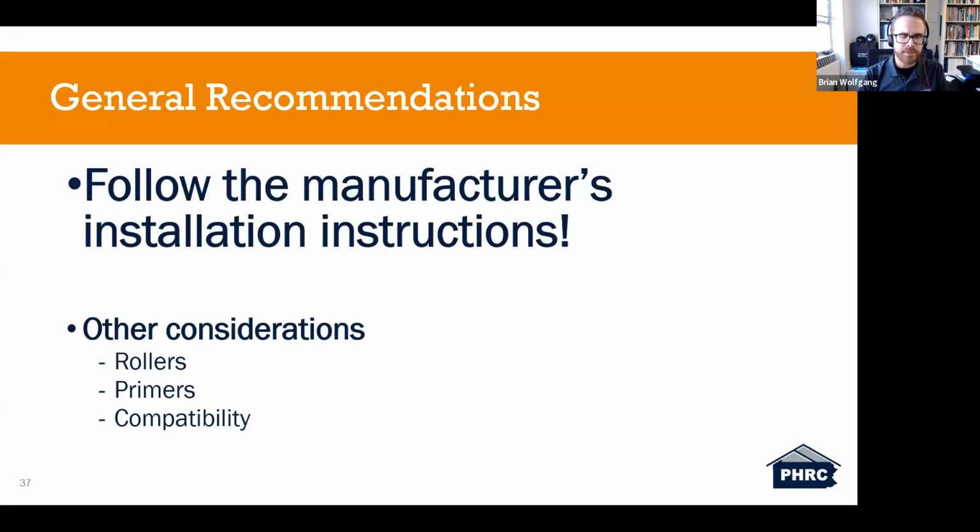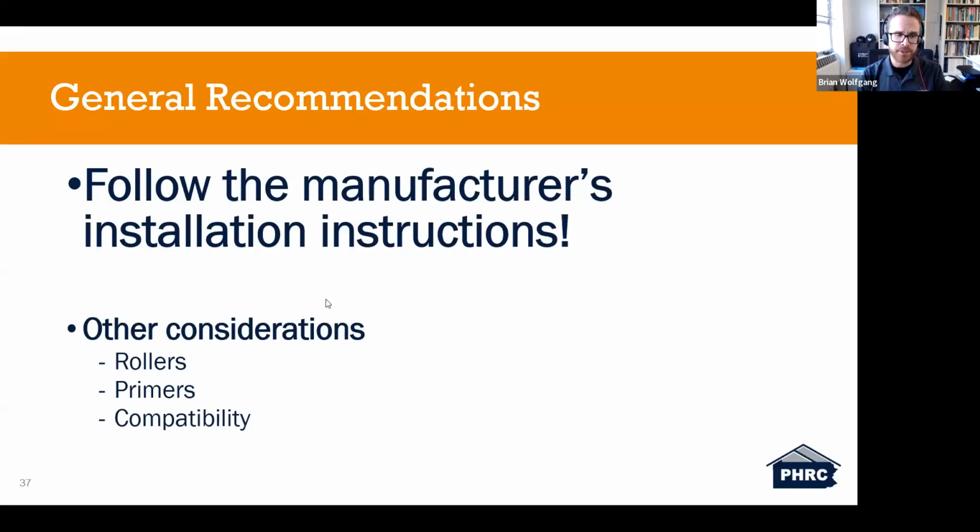Just something as simple as the release paper coming off in different widths on the back of a flashing tape. There's a lot of details to consider when it comes to the products, but make sure you know what you have available to you. And if you're not sure, certainly work with your suppliers and work with your manufacturers to ask them more about their product availability.